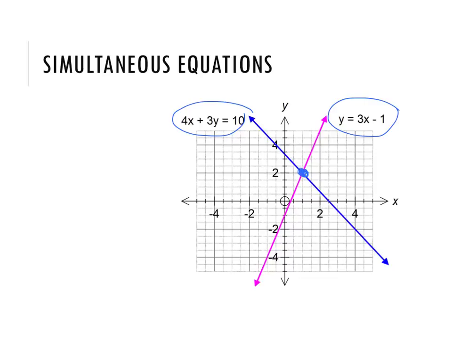The other method using my calculator is actually to use solve, and some of you will have done this before, where we actually can say, well, let's solve the two equations, and I would solve 4x plus 3y equals 10, and then I would actually leave a space in my calculator, pressing the space bar, type the word and, another space, and then the second equation, y equals 3x minus 1.